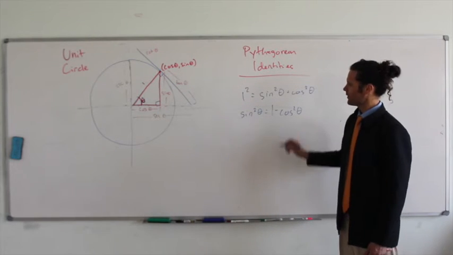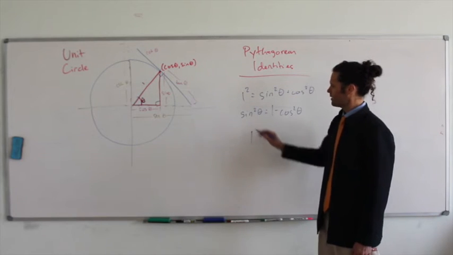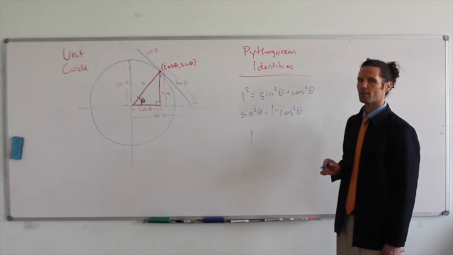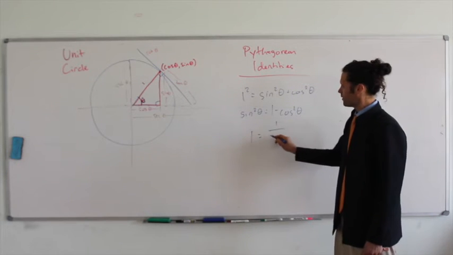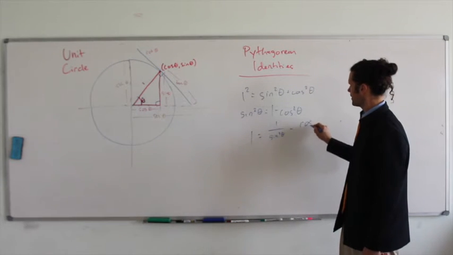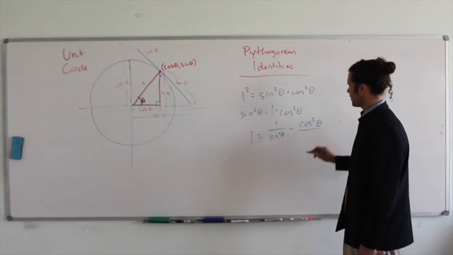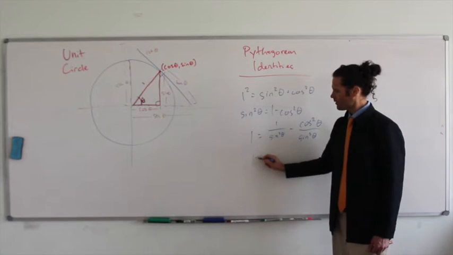Then we can divide both sides by sine squared theta, and we end up getting 1. Sine squared theta divided by itself is 1. And that's equal then to 1 over sine squared theta minus cosine squared theta over sine squared theta. And we can then simplify.